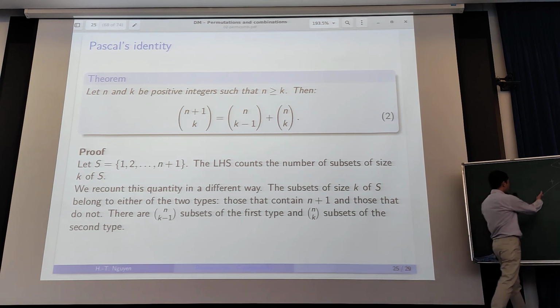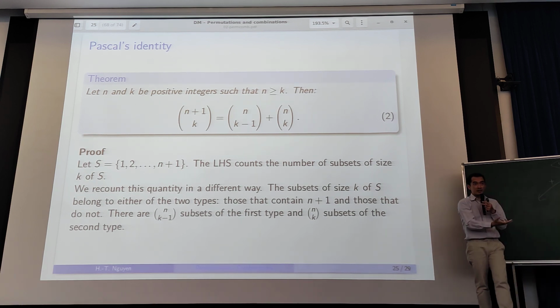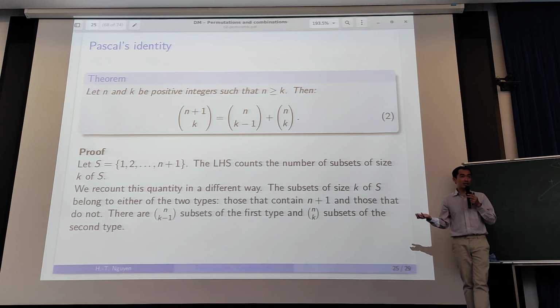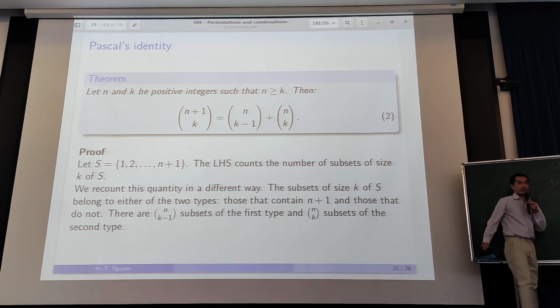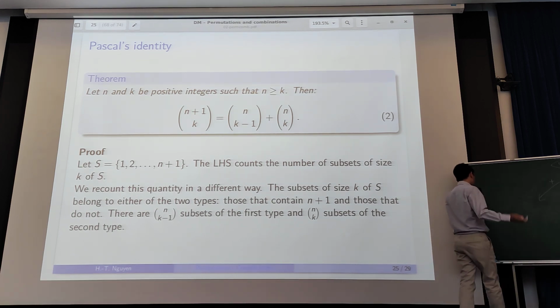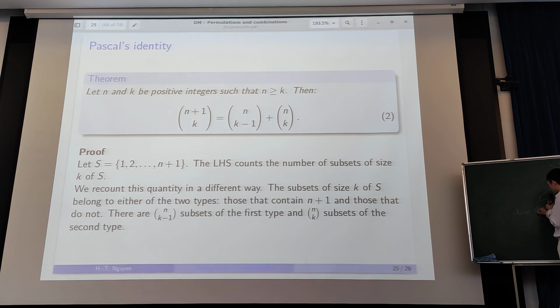Okay? So if it contains n plus 1, and we want it to be a subset of size k, then we have to choose the other k minus 1 elements. Because one element is already n plus 1, we only have k minus 1 choices left.